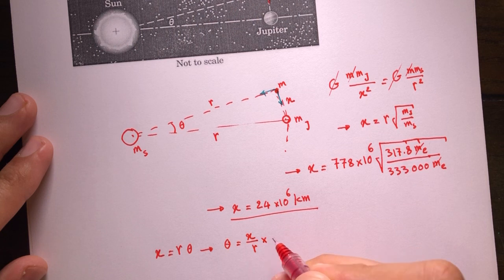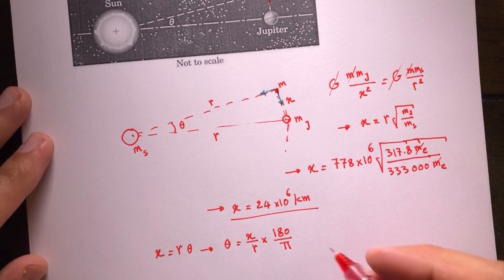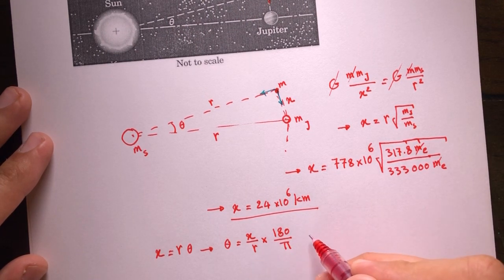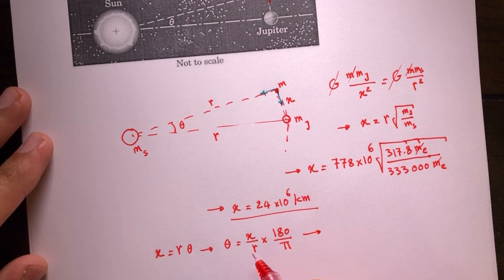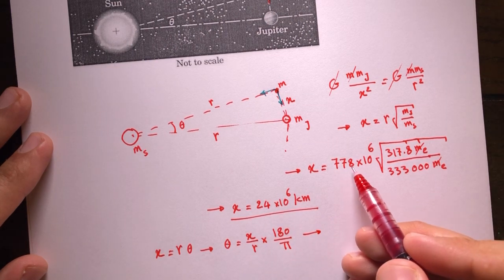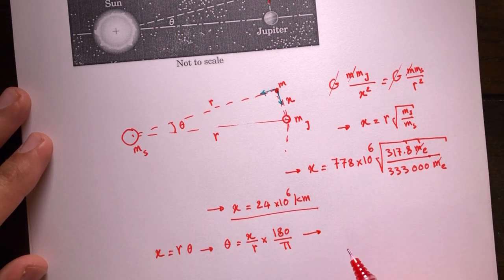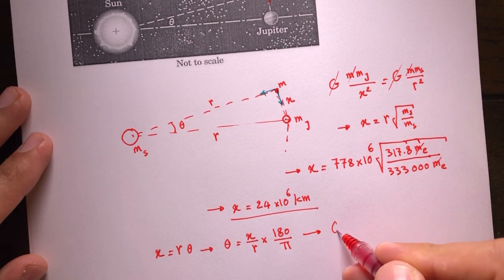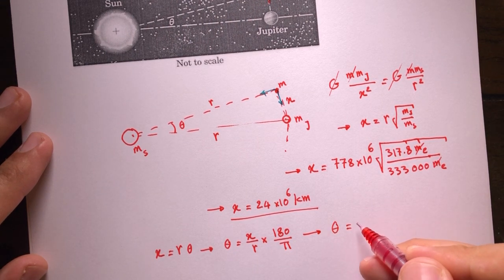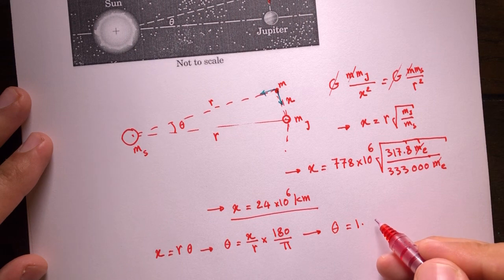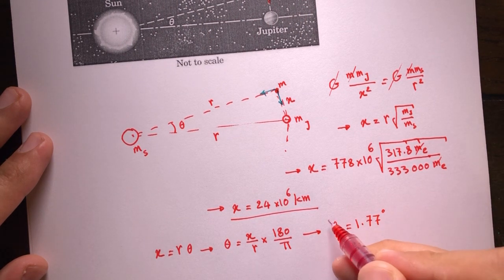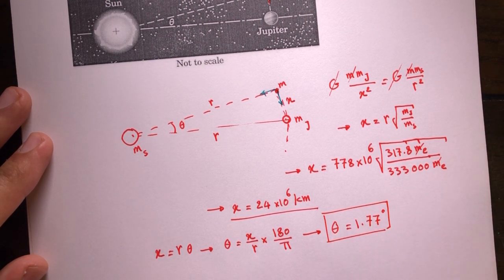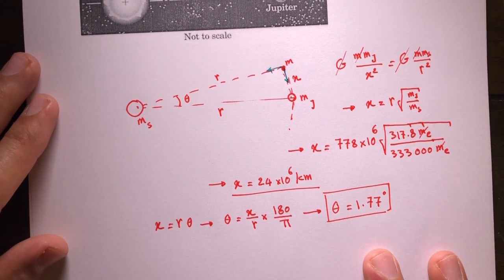And if you multiply by 180 divided by pi, you can find it in degree. And if you just put the numbers, x is this and r is 778 times 10 to the 6, then theta is going to be equal to 1.77 degree. Okay, that's one way to find it.